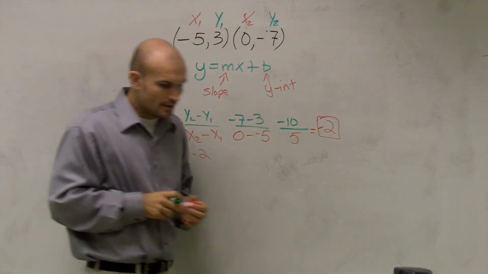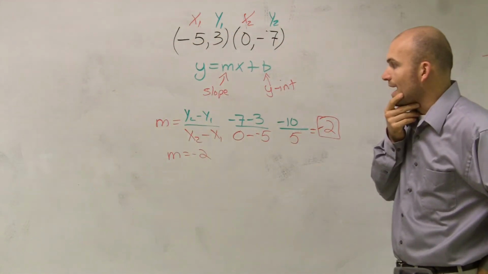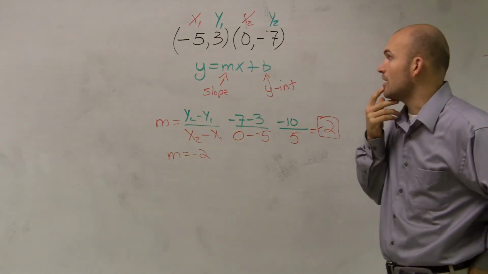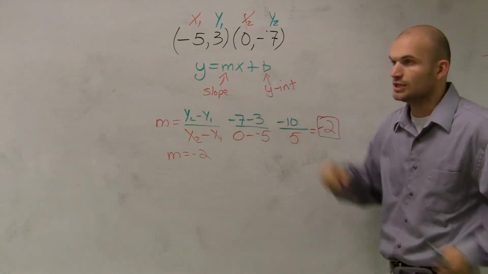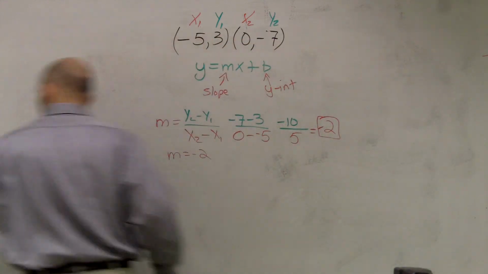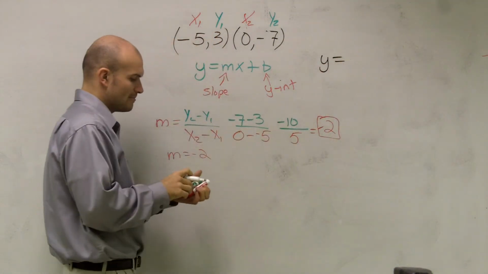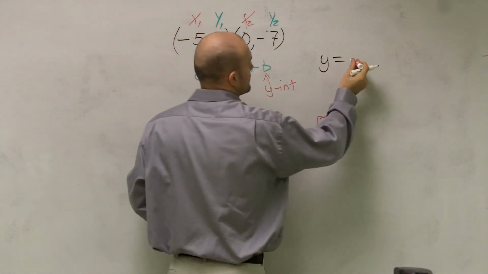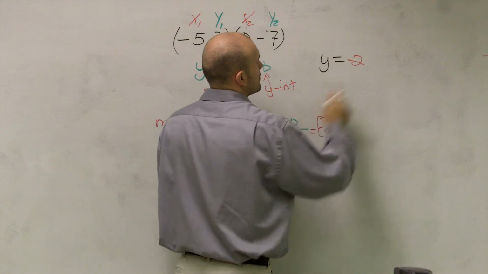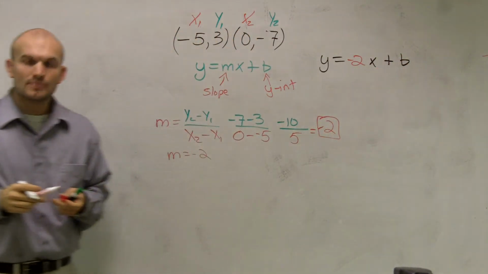All right? Now, once you've done that, what we need to do is figure out, well, what's our y-intercept? We know our slope. So if I was going to now write my equation of the line, I know the slope for my problem is now -2. But I don't know what b is, okay?